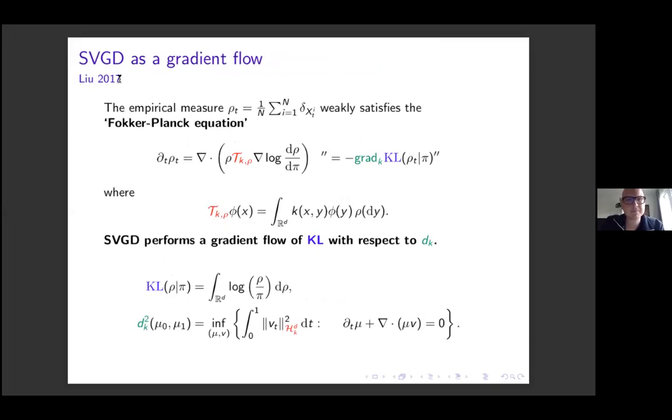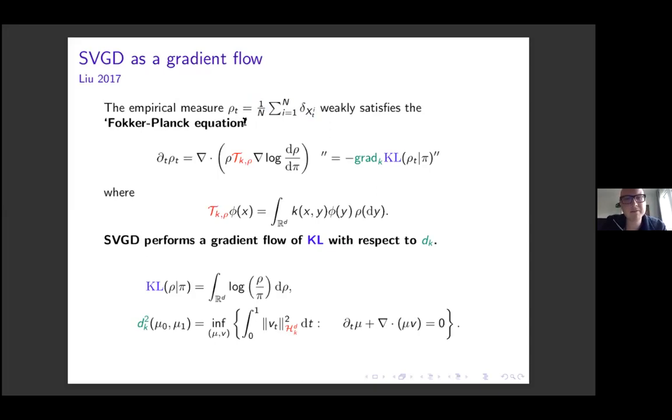A good way to think about it is like this. We look at the empirical measure associated to the ODE system, and just see what kind of PDE it is supposed to satisfy. So this empirical measure satisfies weakly this Fokker-Planck equation.